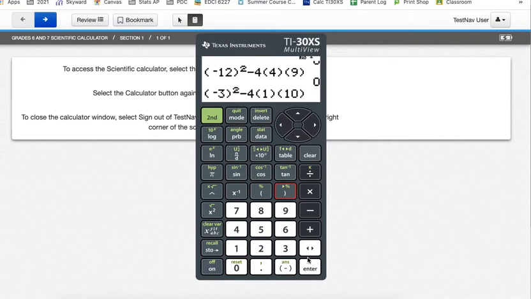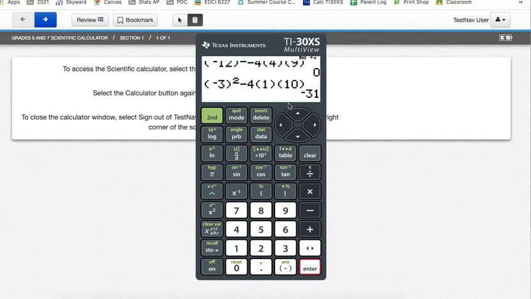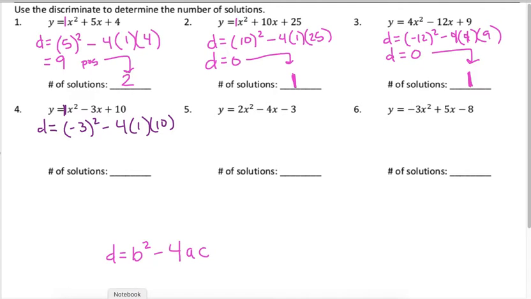So I'm just putting it in exactly as that looks, and I get negative 31 here. When we have a discriminant that's negative 31, negative tells us no solutions. So we can say none or 0. Remember, we don't know what the solutions are or where they are. We just know how many there are. That's what the discriminant tells us.